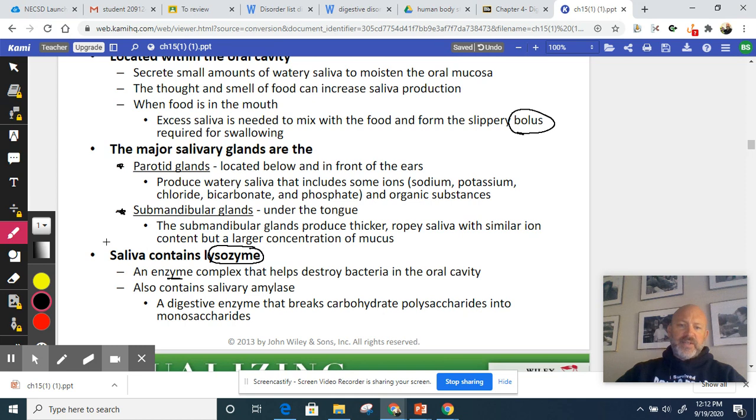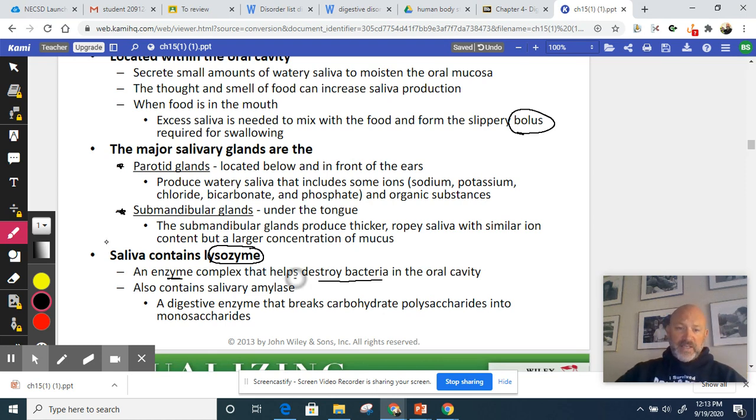Lysozymes are enzymes that help to destroy bacteria. So again, this is part of the first line of defense. When we put something in our mouth, if there's bacteria in that, the saliva could be one of the first things to help protect us from that bacteria, along with the tonsils.